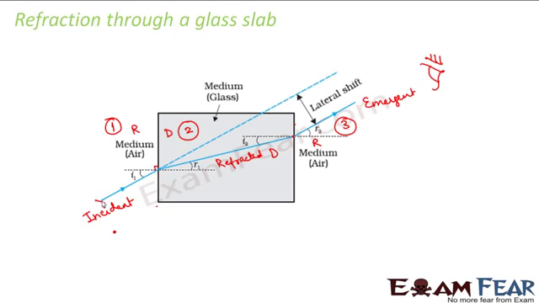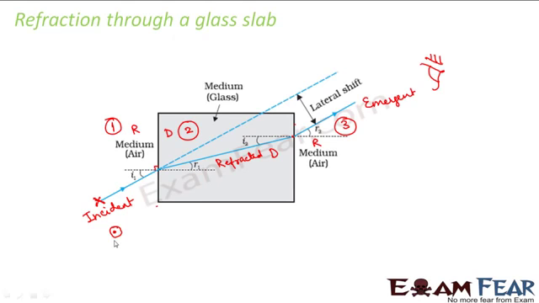But actually the incident ray's source is here. So the person will think that the source of the incident ray is here. And this is the result. Why? Because of this change in medium, or because of the phenomenon of refraction, we often do not observe the actual position of the object.